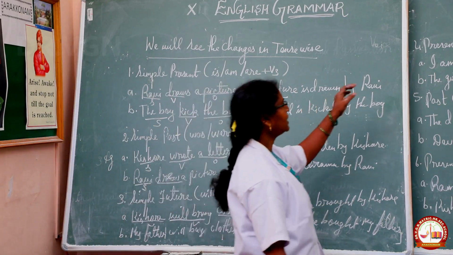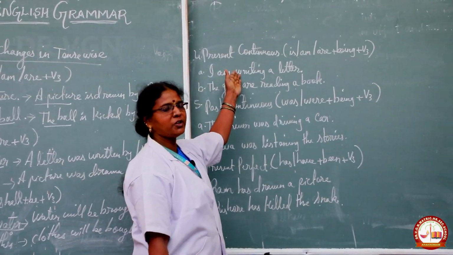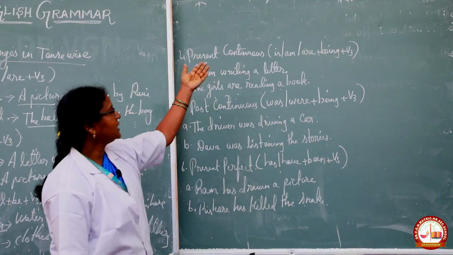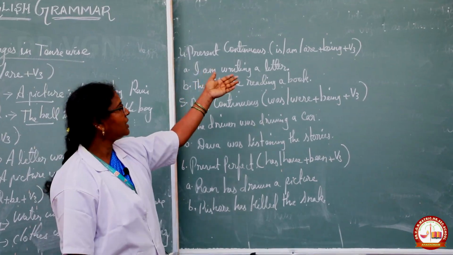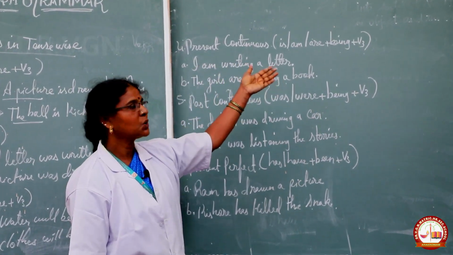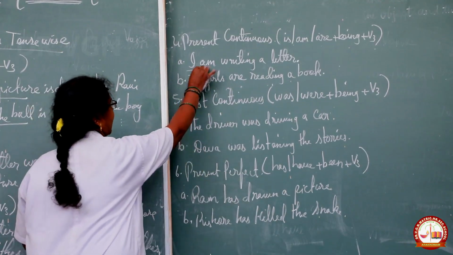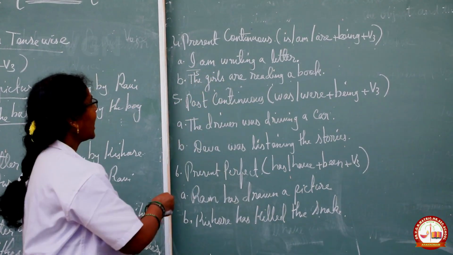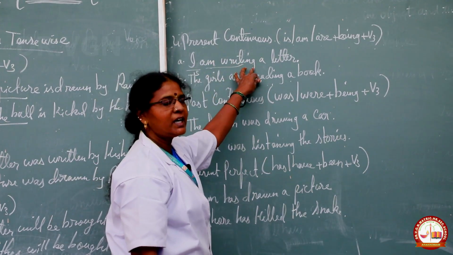Next we are going to see present continuous tense. What is the format of the present continuous tense in passive voice? Is / am / are plus being plus V3. So, I am writing a letter. Here I is the subject, am writing is the verb, a letter is the object.